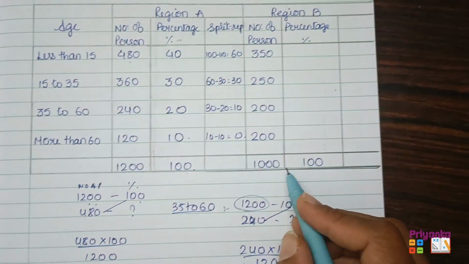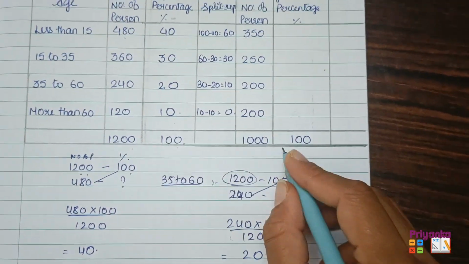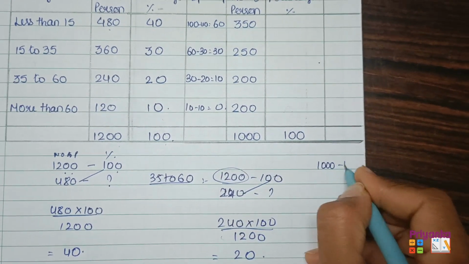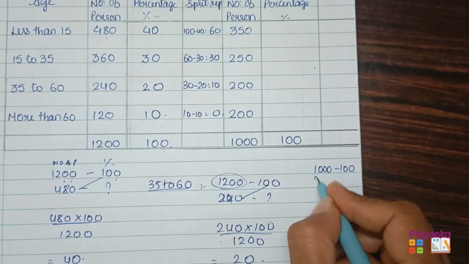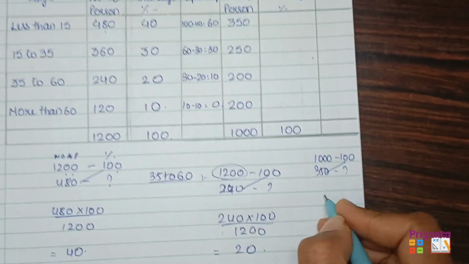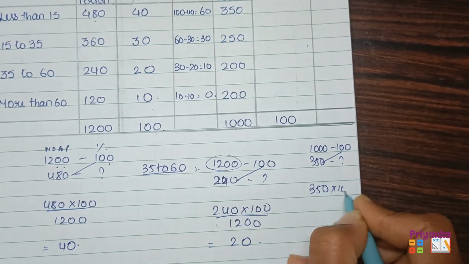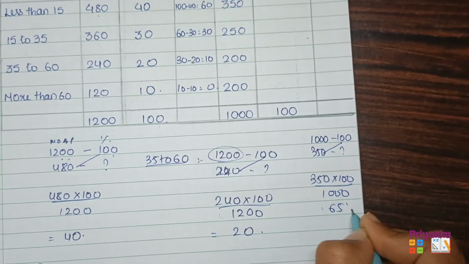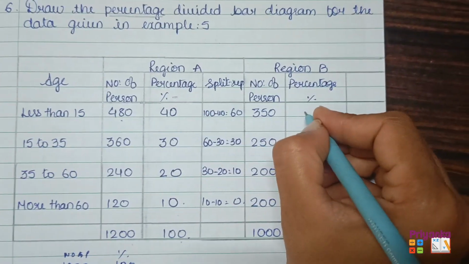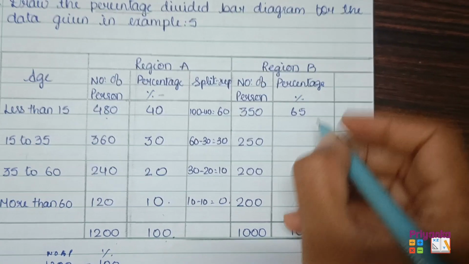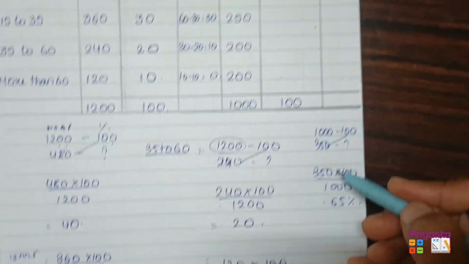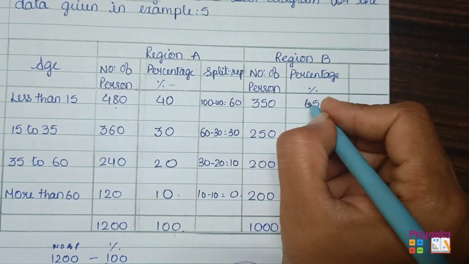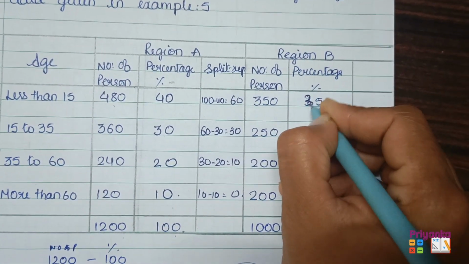Here, for this equation, we'll take 1000, the number of persons, as 100%. What about 350? Make a cross multiplication. 350 multiplied by 100 divided by 1000. Here you will get 35%. Sorry, I said 65 earlier, but this is 35, not 65.